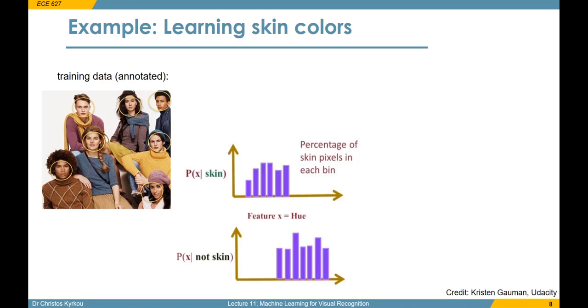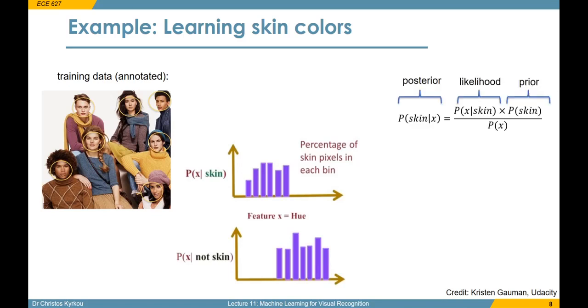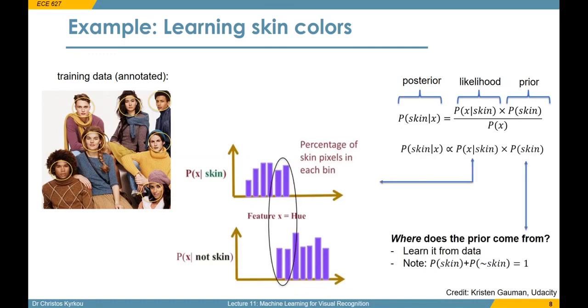This histogram tells us, if it is skin, what is the probability of having that specific value of hue. So basically this is the probability of observing a particular hue value.